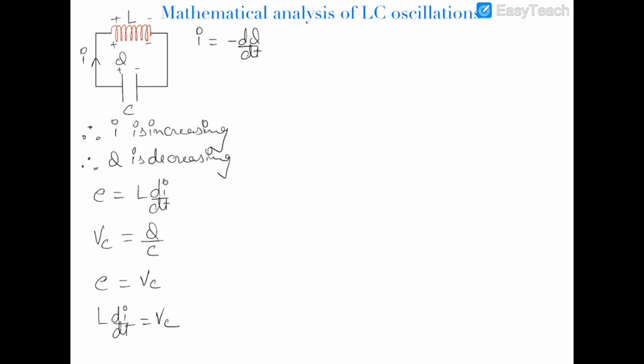So dq by dt would be negative, and hence di by dt will be equal to minus d square q by dt square.